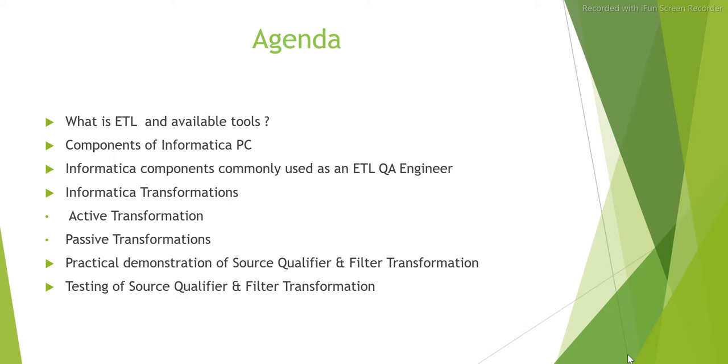We will discuss the components of Informatica PowerCenter, and the common components that we use as an ETL QA engineer on a day-to-day basis. After that we will cover the Informatica transformations: what the different transformations are, and what active and passive transformations are.